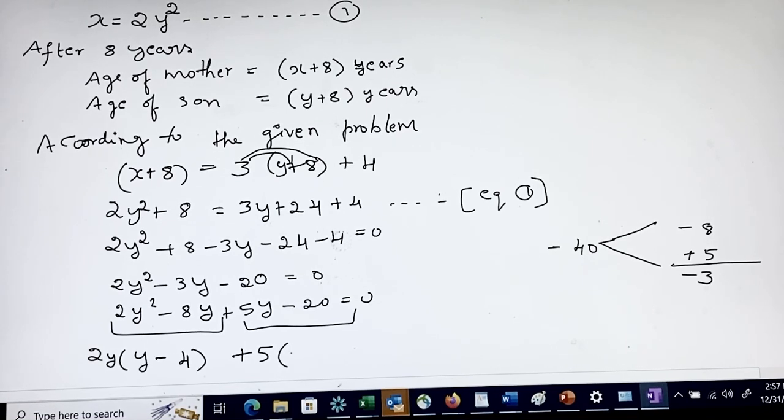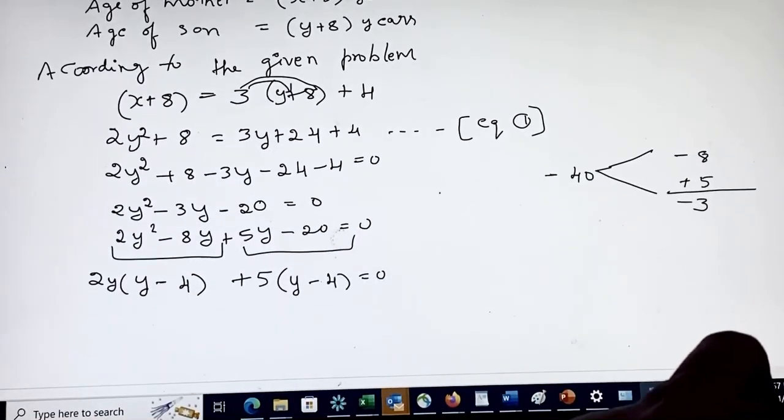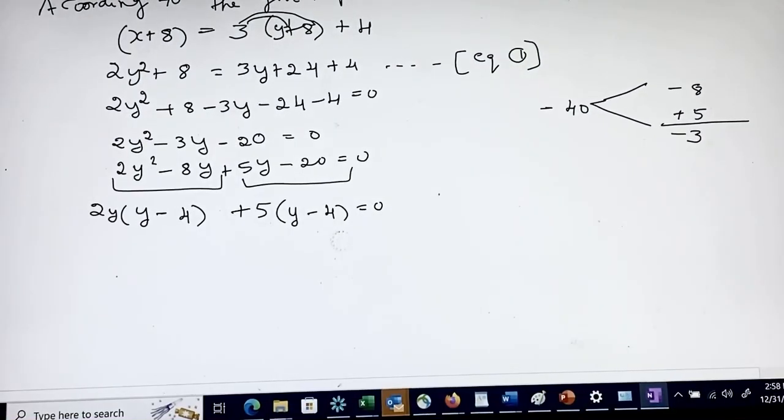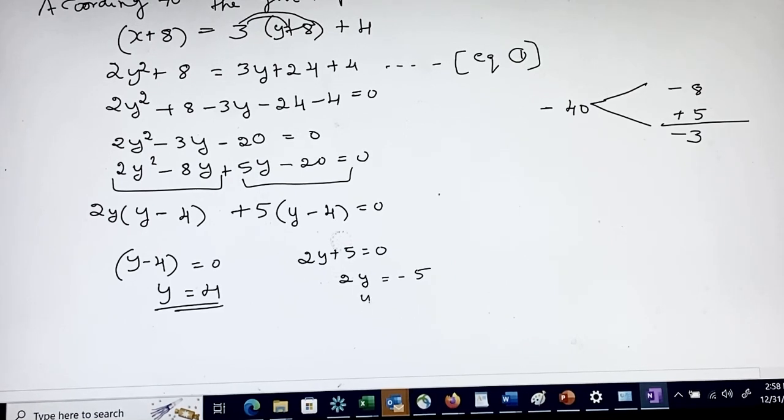So 5 into y minus 4, since 5 fours are 20. Y minus 4 is equal to 0. Now we have two equations: one is y minus 4 equal to 0, another is 2y plus 5 equal to 0. So y is equal to 4, and here 2y is equal to minus 5, so y is equal to minus 5 by 2.